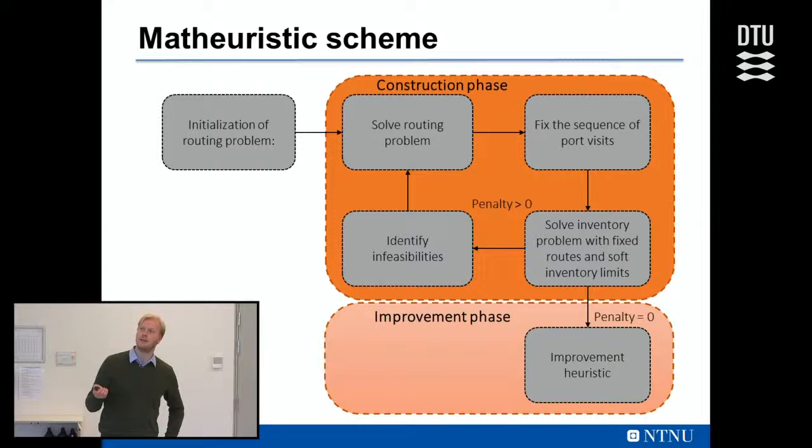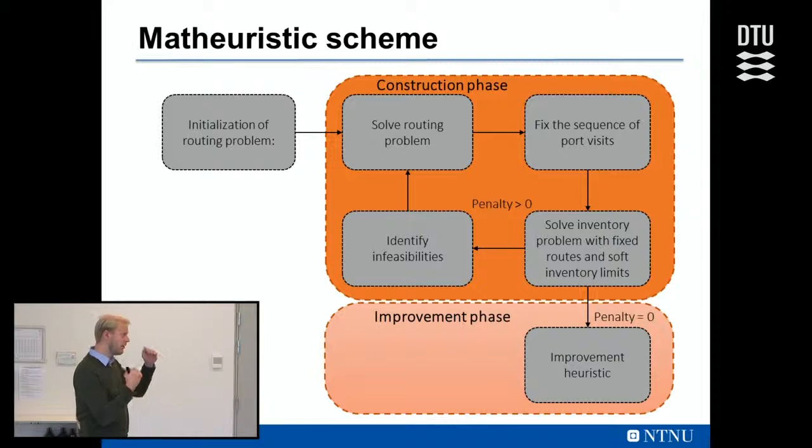So this is basically the flow in the Matheuristic. We initialize a routing problem. I will discuss that later. We solve it. Then we take the sequence of port visits that we have. We relax them a little in time, and we solve an inventory problem, given these fixed routes, and we solve it with soft inventory limits. And then we check, are we within the real inventory limits when we have solved this problem?